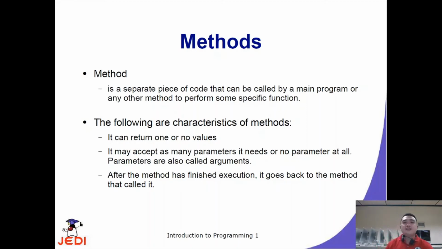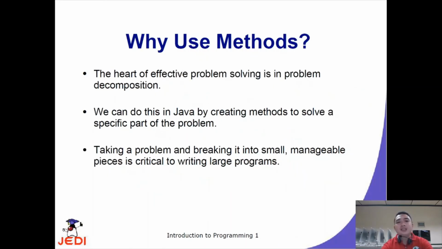After the method finishes executing the code inside its body, it goes back to where it was called, for example the main method. Once the print method executes its statements, it goes back to the logic flow of the main method.